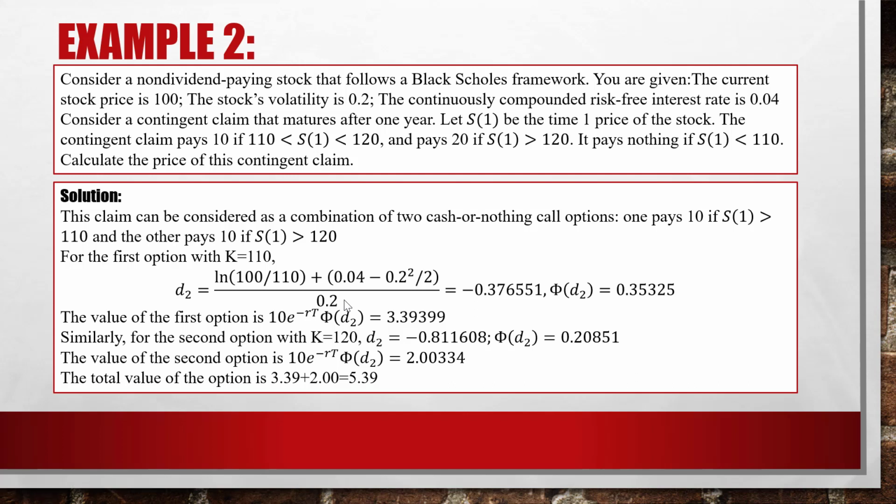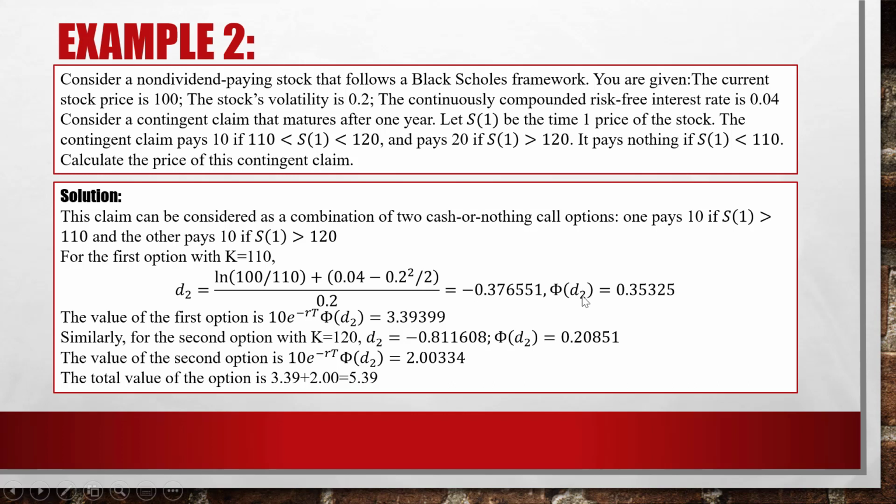Delta here is not given, that means 0. R is given as 0.04. See that? So D2 is minus 0.376551.